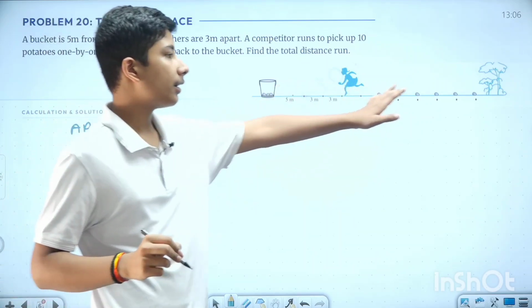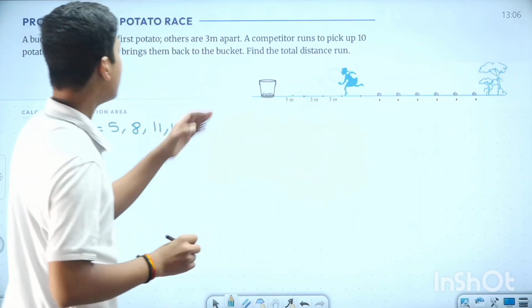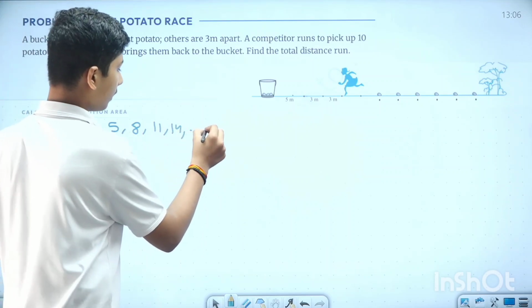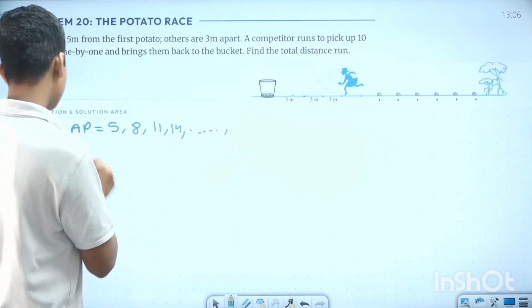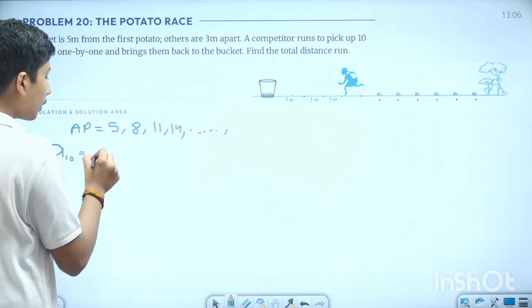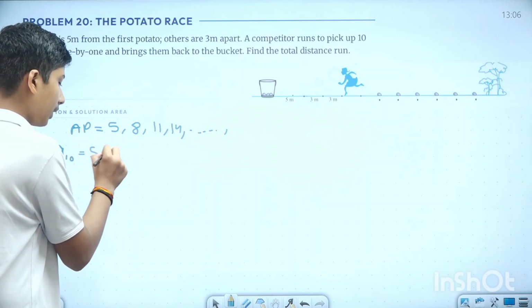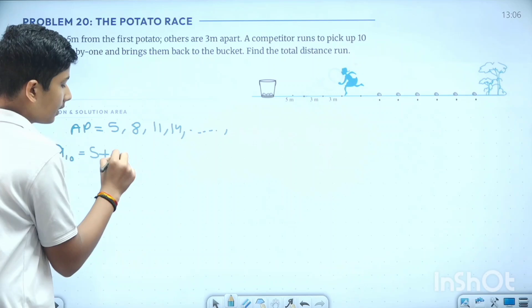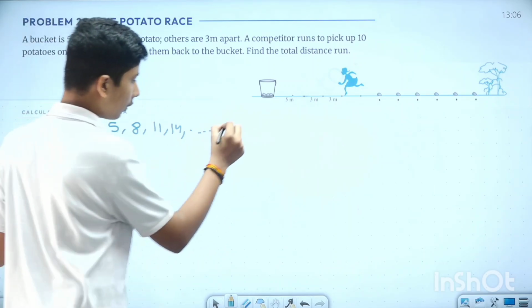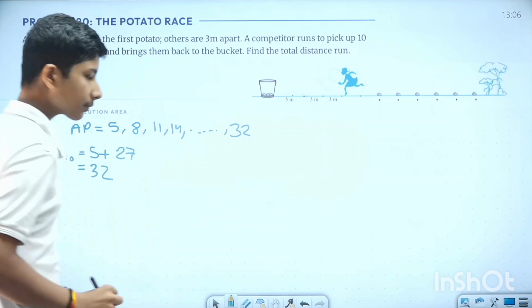And they continue up to 10 potatoes, one by one. So a10 equals a plus 9d, 5 plus 9 times 3, which is 27, means 32. So the last will be 32.